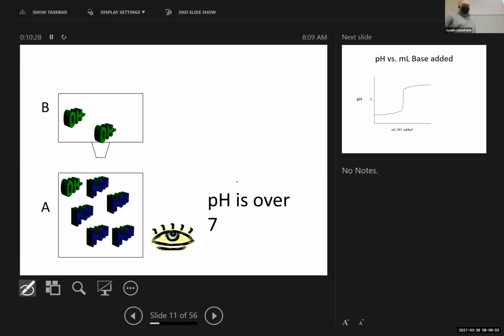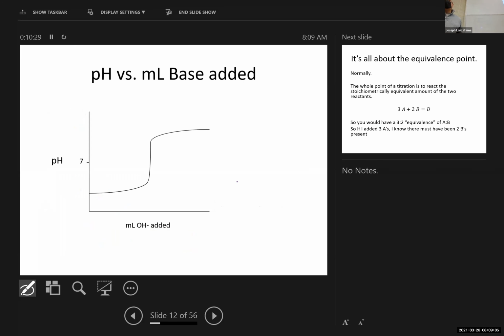And so if you actually plot what that looks like in terms of the actual pH, the curve looks something like this. As again, we'll see in a moment, this is more representative than it is exact for every possible acid-base combination.